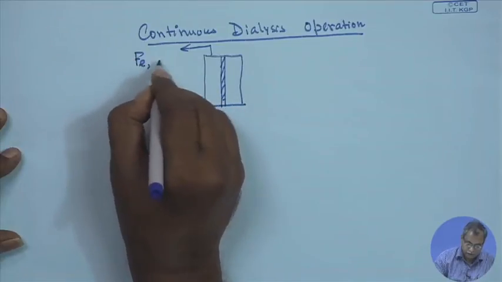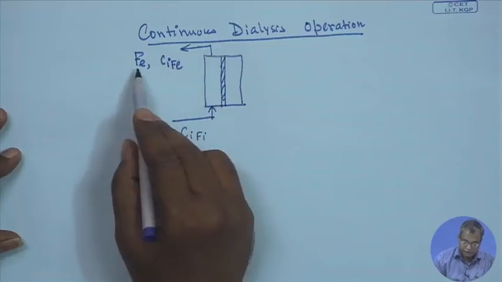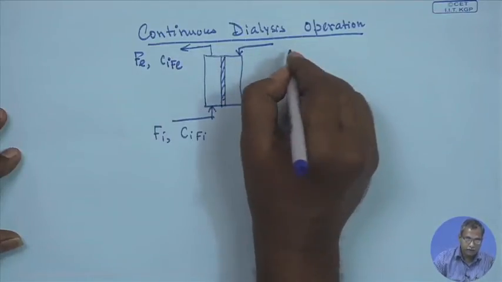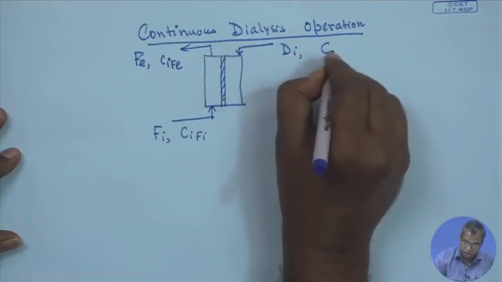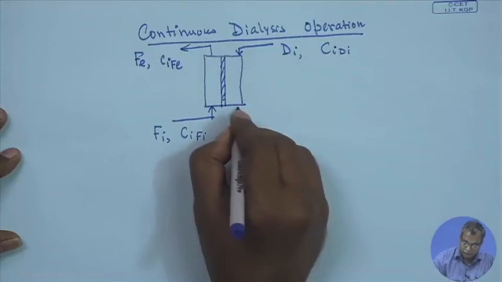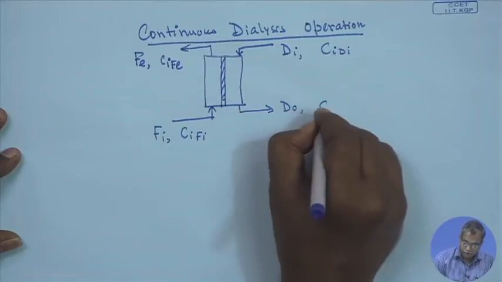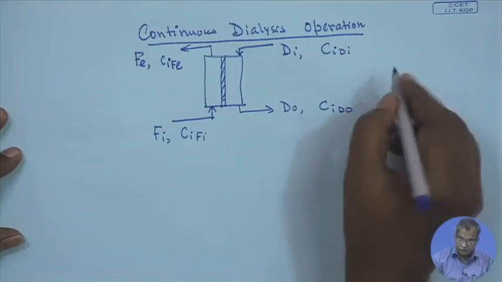Fe, Ci, Fe, the ith component that is exiting from the feed. Then the dialysate going into the system: Di is the volumetric flow rate or the mass flow rate, its concentration is Ci/di, and D out is the outlet flow rate, so this will be Ci/d out. Okay. This is a counter current.